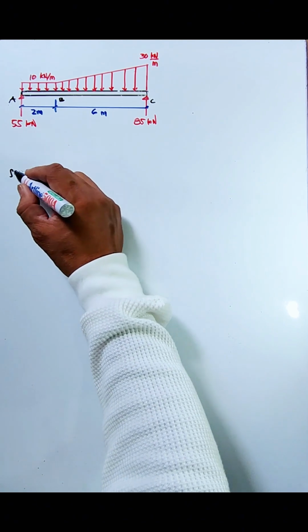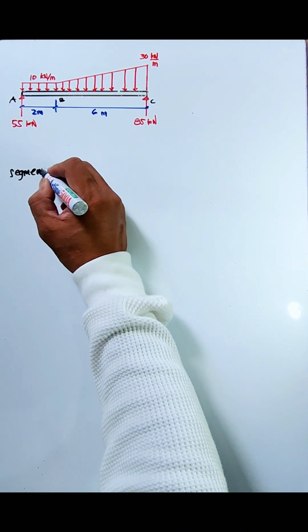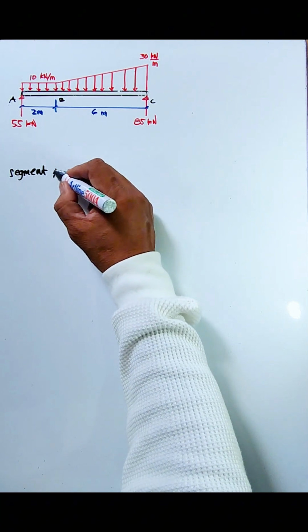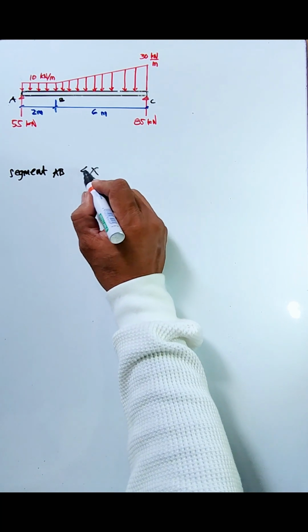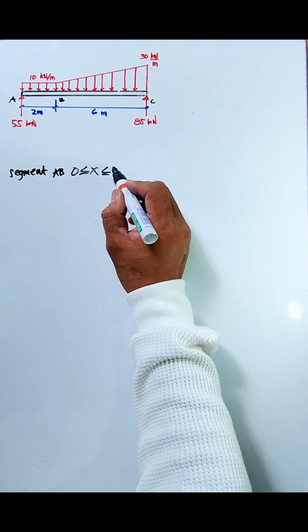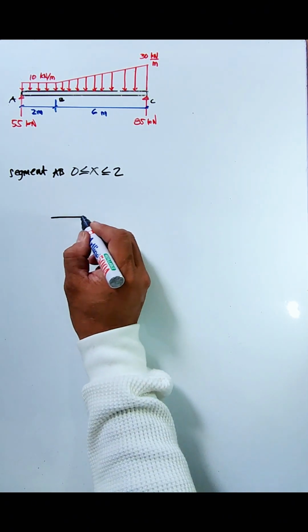So I will start by writing the shear and moment equations at segment AB, where our x is from 0 to 2 meters.